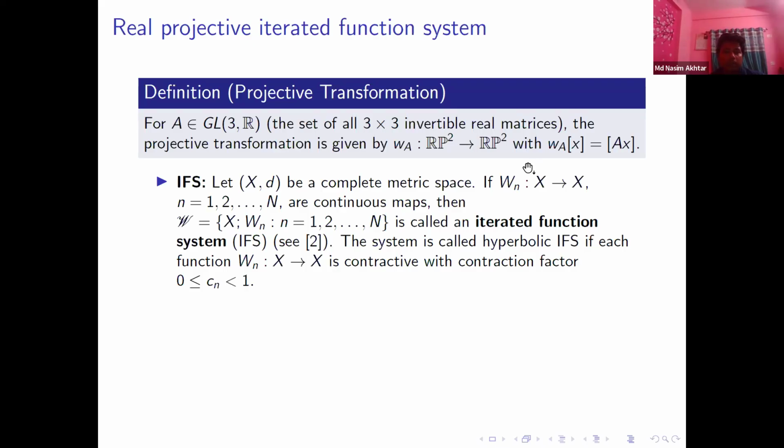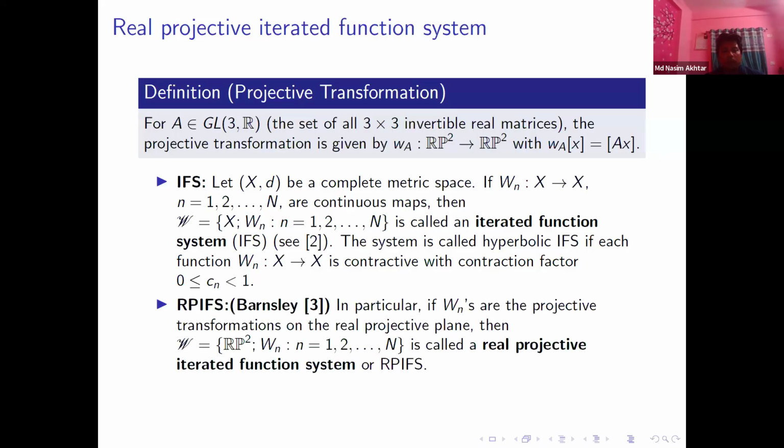Now we recall what an IFS is in Euclidean geometry. Let (X, d) be a complete metric space. If the Wn are continuous maps from X to X, then X together with Wn, n equals 1 to N, is known as an iterated function system. If the Wn are contractive, then this IFS is known as hyperbolic.